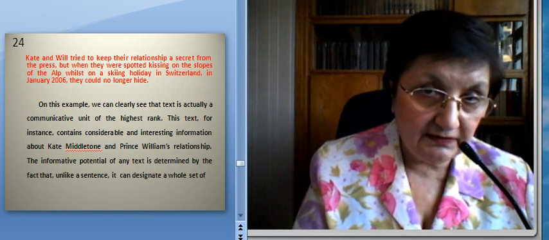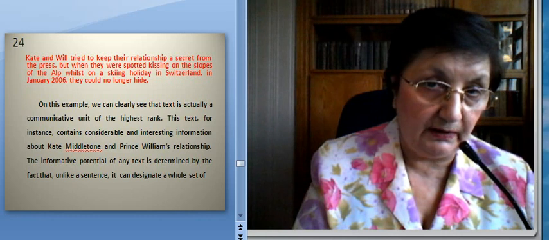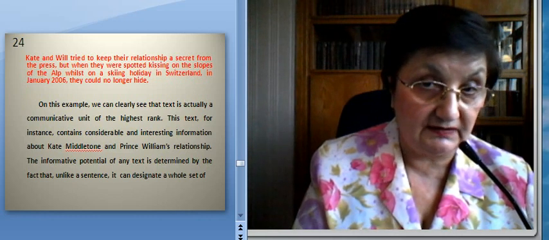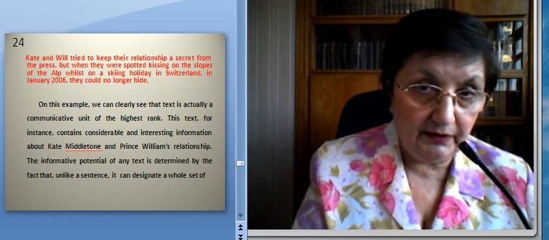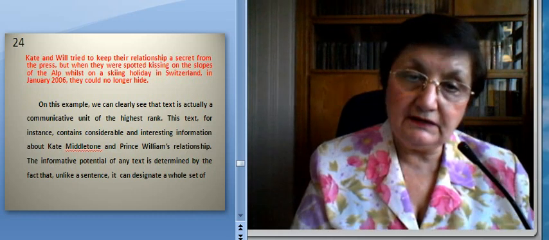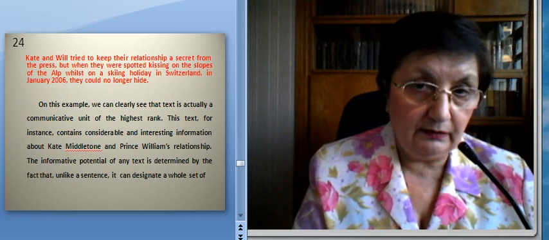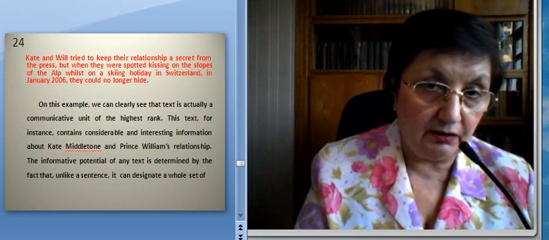On this example, we can clearly see that text is actually a communicative unit of the highest rank. This text, for instance, contains considerable and interesting information about Kate Middleton and Prince William's relationship.